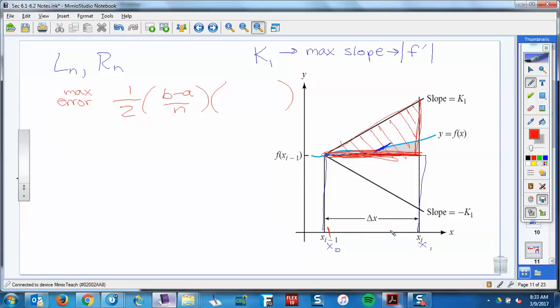It'd be this width. We can really write x1 minus x0, but we'll just call it b minus a. It'd be easier. Because at the end of the day, we're going to just do it for the whole width. So we're going to actually say, okay, let's say we had one left rectangle for the whole width, right? What's the most it can be off? And then what's the height?